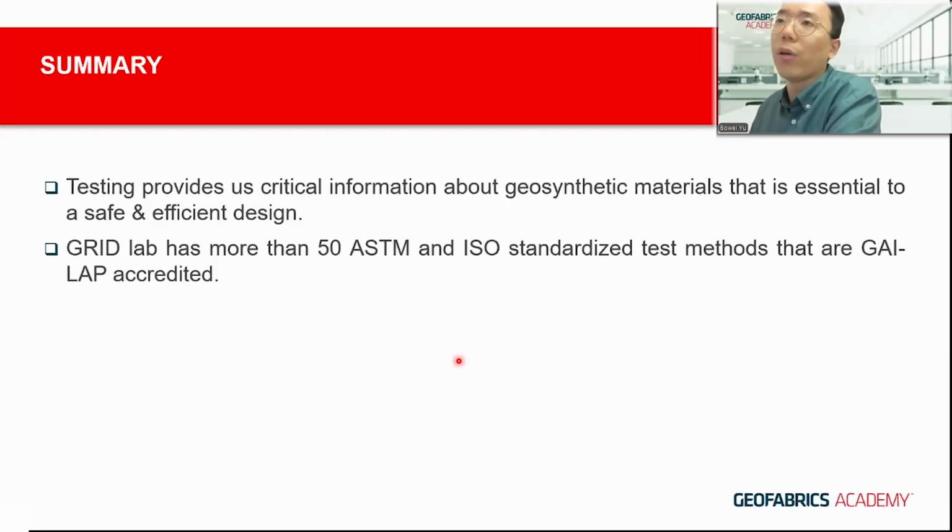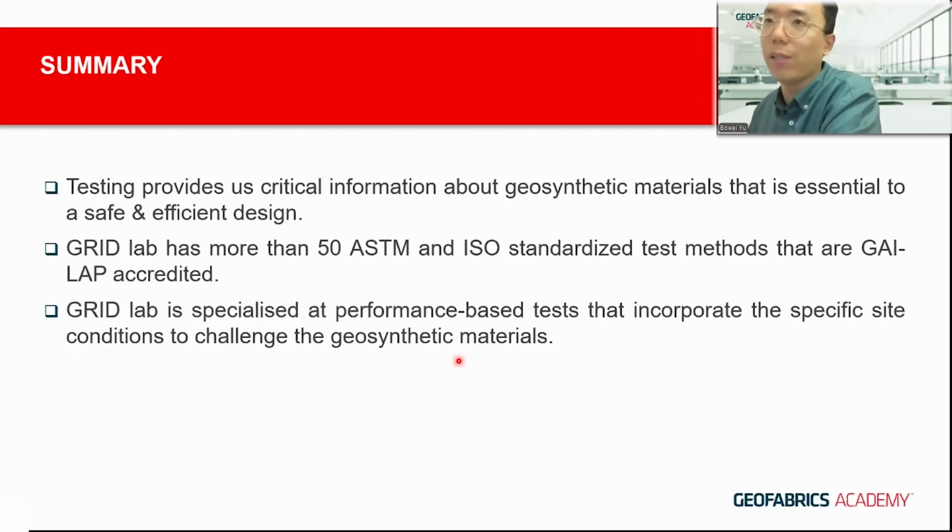The GAI laboratory is somewhere that can help you, because we have more than 50 ASTM and ISO standardized test methods that are GAI-LAP accredited to guarantee the accuracy of the test results. We also specialize in performance-based tests that incorporate site-specific conditions to challenge the geosynthetic materials as they will experience on the site, to give you more assurance on the geosynthetic performance.